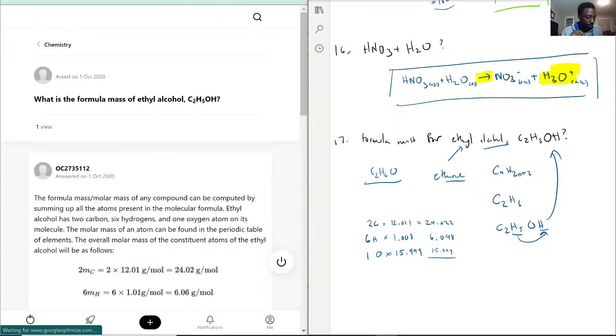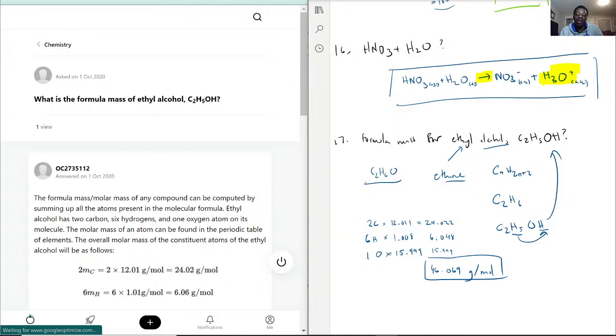And so we have 24.022 plus 6.048 plus 15.999, and we get 46.069 grams per mole. And that would be the molar or formula mass for ethyl alcohol.